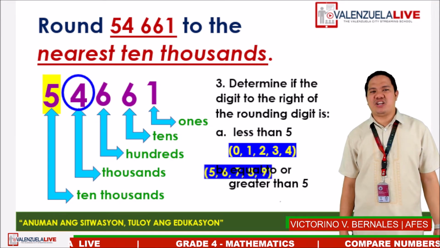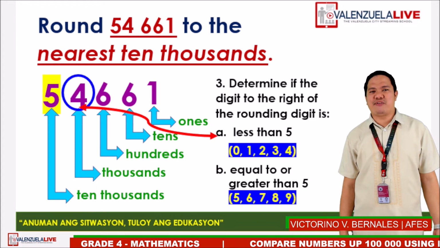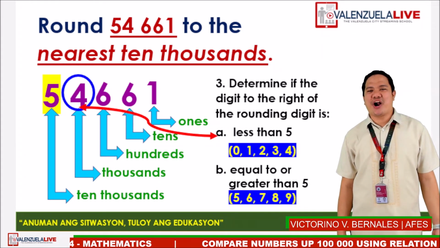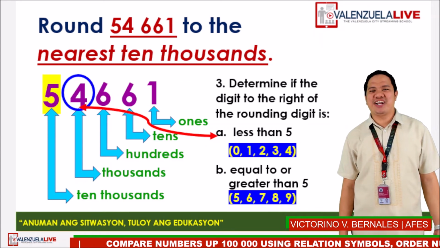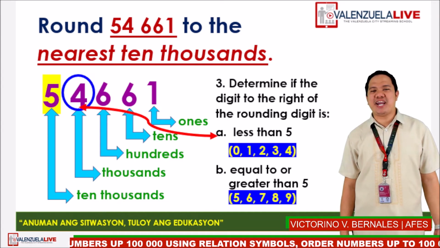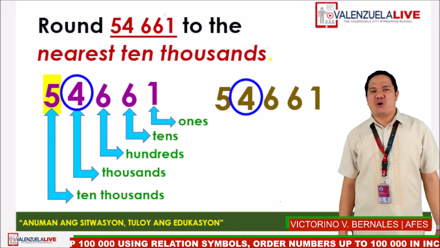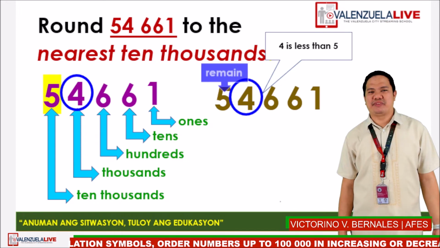Very good. 4 is less than 5. Therefore, if 4 is less than 5, then we have to remain or copy 5.